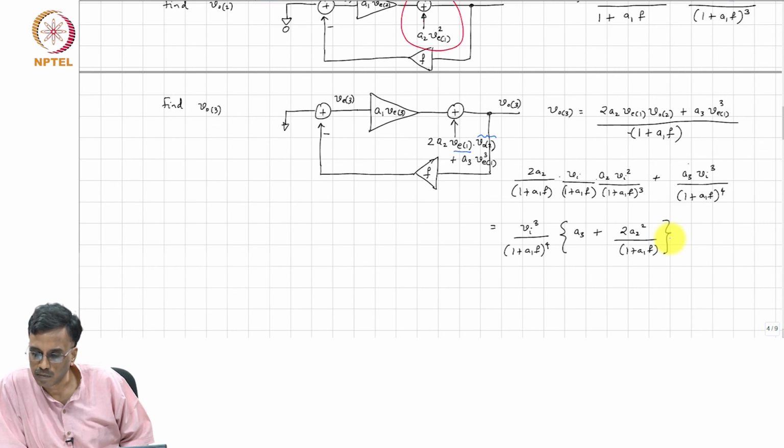Just checking if there is some dimensional inconsistency, we are okay.